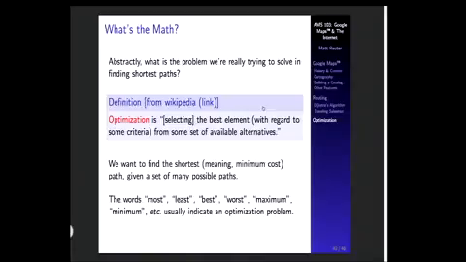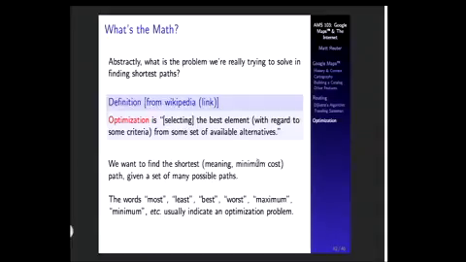And so it says with regard to some criteria, because is best uniquely defined? No. Use whatever criteria you want to figure out best, and then look at all of the possible ways to do it and choose the one that has either the lowest of those criteria or the highest if you were looking to maximize something.